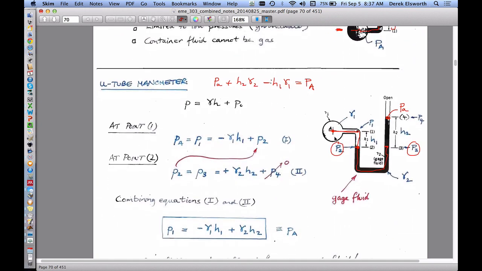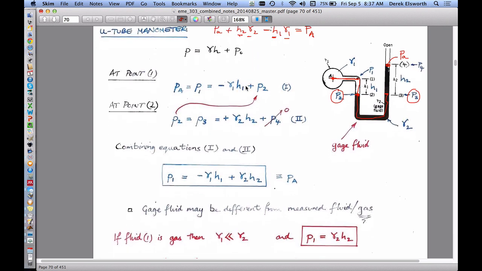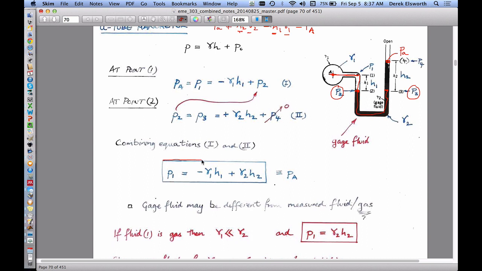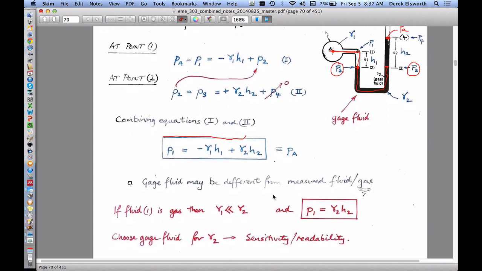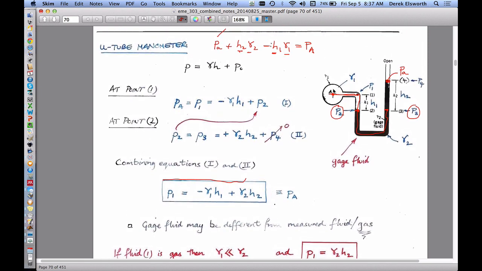Okay? And so now we know atmospheric is 100 kPa. We know this height and unit weight. We know this height and unit weight. And it turns out that we can get exactly the same expression as this here. In this particular case, I can't remember what the problem definition is.